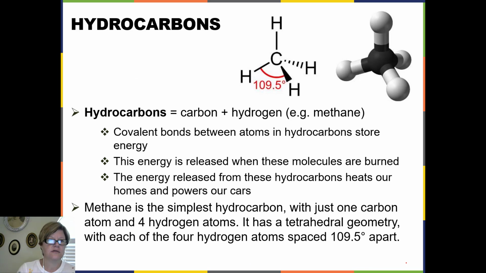The simplest organic compounds are called hydrocarbons. In this case, the hydro means hydrogen, not water this time, and then carbon means carbon. So hydrocarbons are molecules that only contain hydrogen and carbon. And the simplest one is called methane. Methane is carbon and 4 hydrogens.